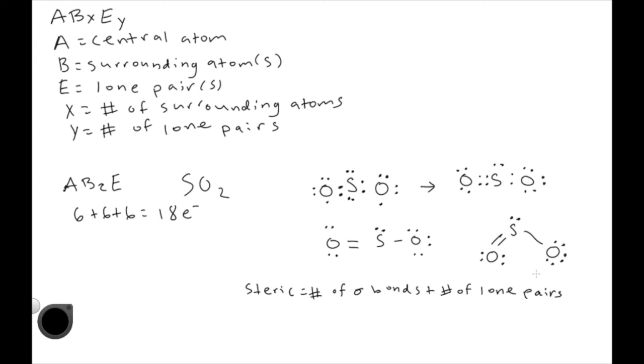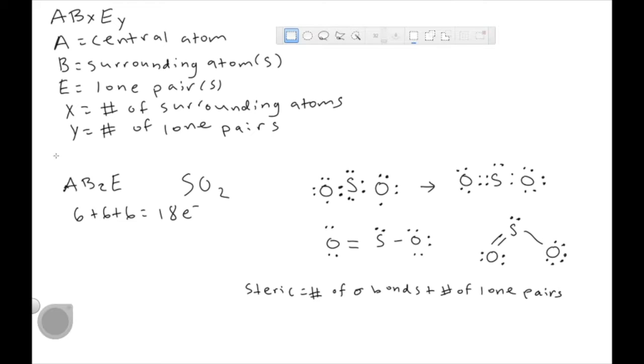So the angle between the two oxygens is less than 120 degrees. Right, and so that's going to do it for the geometry of molecules with the form of AB sub 2 E.